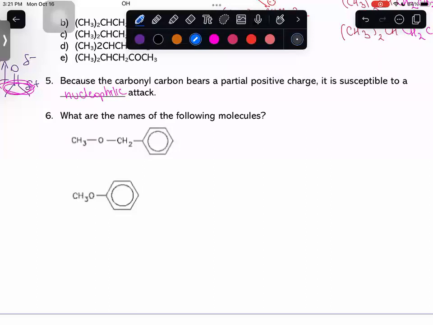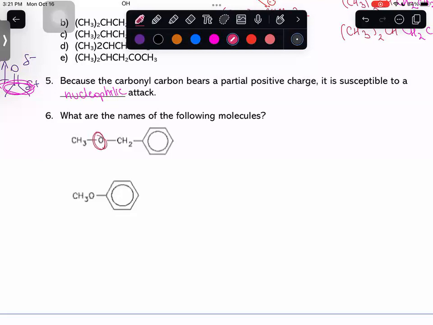We really should know this one. Okay, how do we name ethers? Let's just start with that. What do we do? Exactly. We're just going to see what kind of carbon chains we have on the left and the right. It's going to be benzyl, exactly. Benzyl methyl ether in this case.